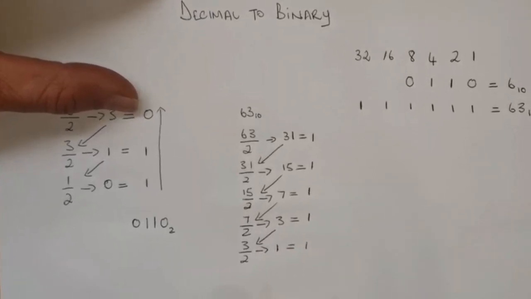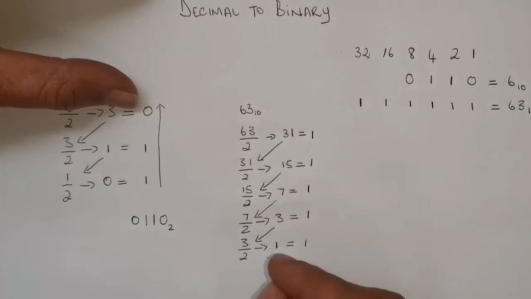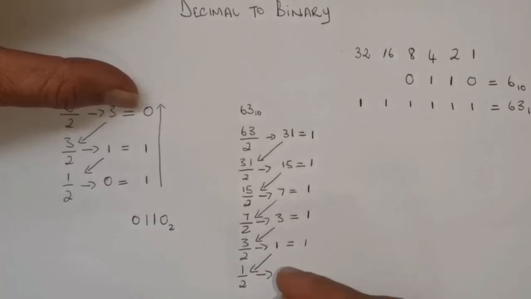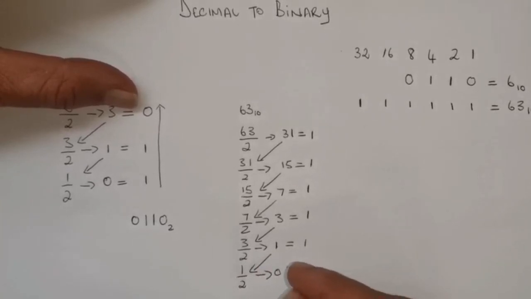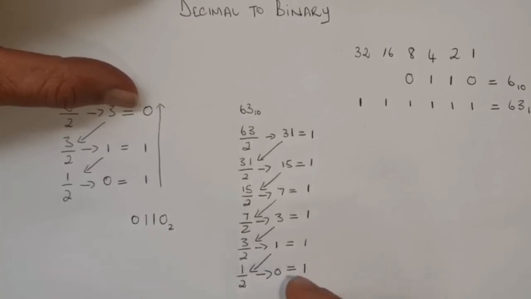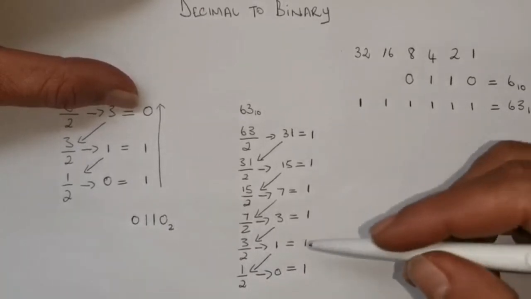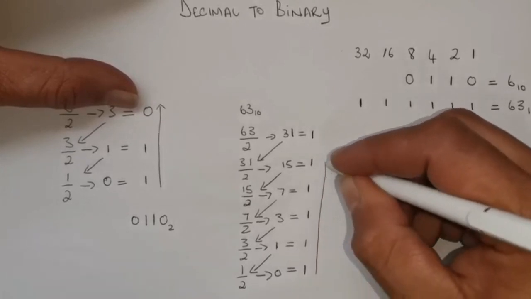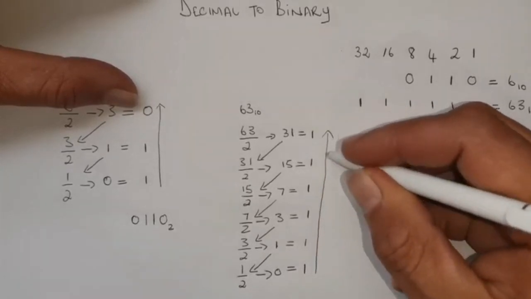Just shift the page up a little bit. And then 2 goes into 1. It's impossible for 2 to go into 1, so that is 0 times, and I have 1 left. Again, remember you write the answer from the bottom to the top.